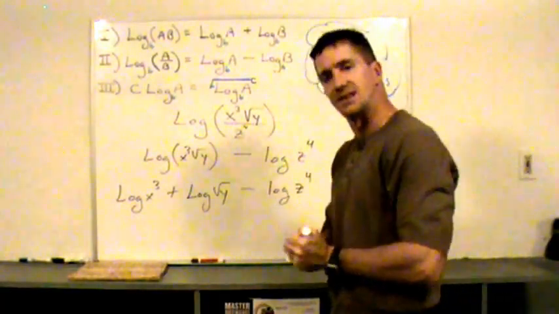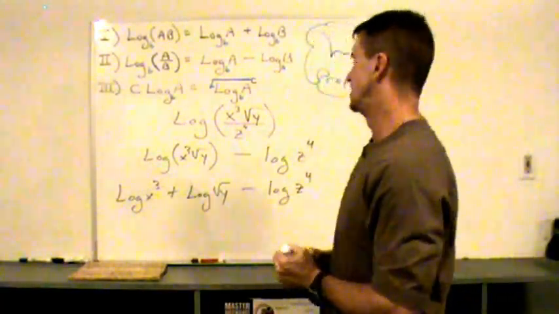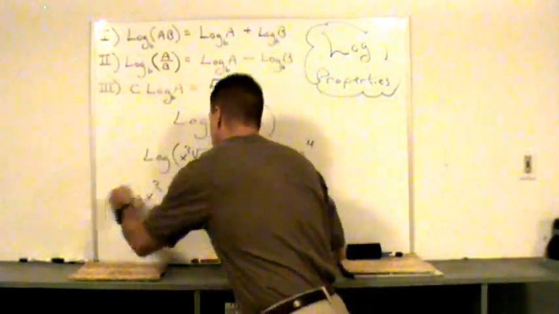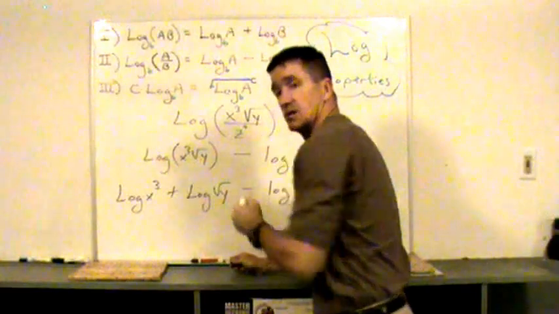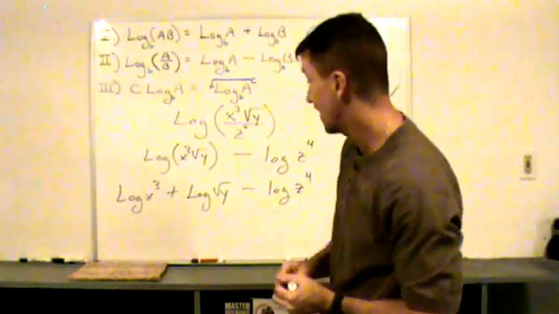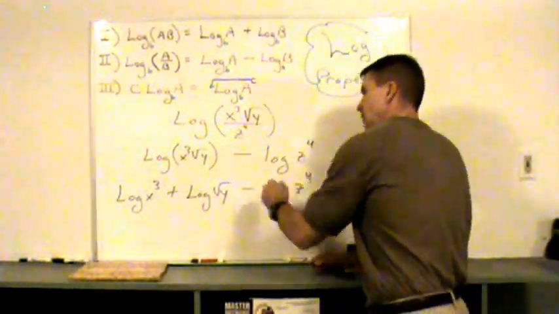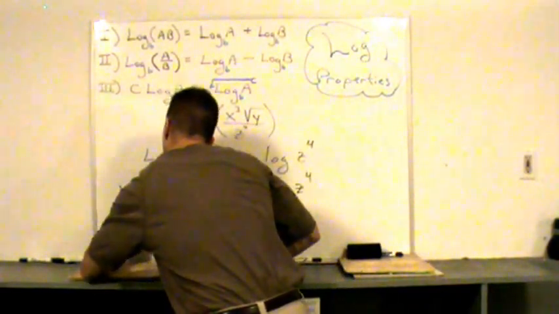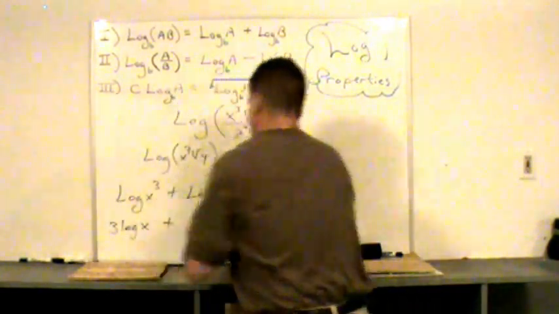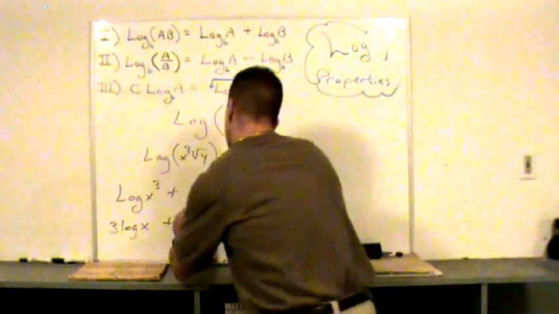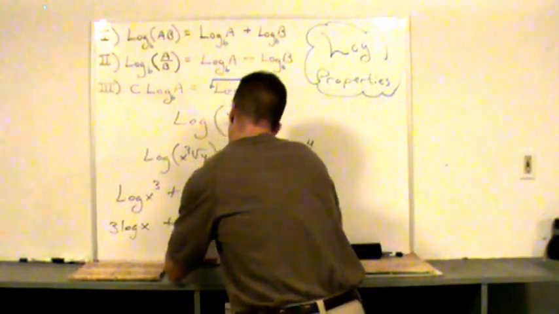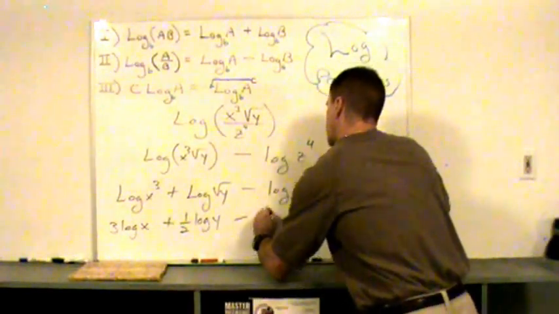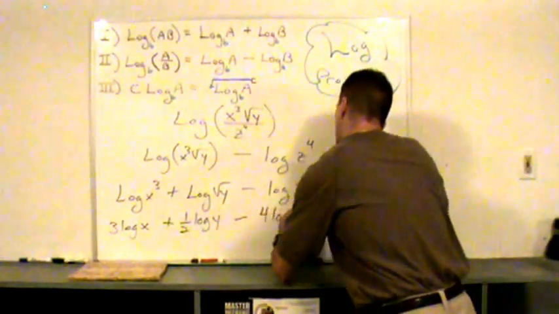And we've expanded this. What else can we do? Well, for this third property, I can move that 3 to the front. I can move this square root, which is y to the 1/2, correct? And I can move that 4 to the front. So I can rewrite this as 3 log x plus, remember that's y to the 1/2 power, 1/2 log of y minus 4 log of z.